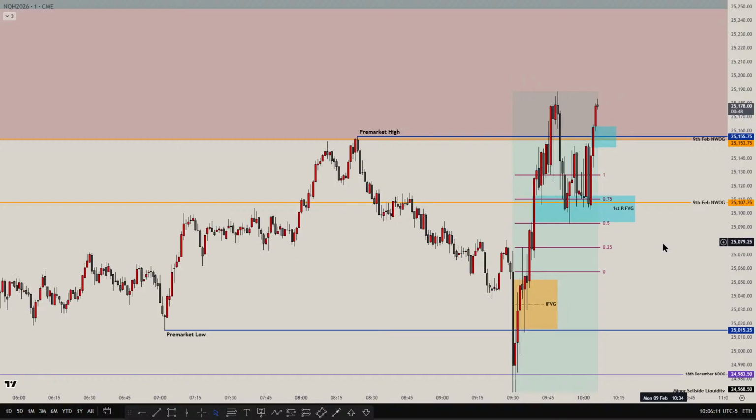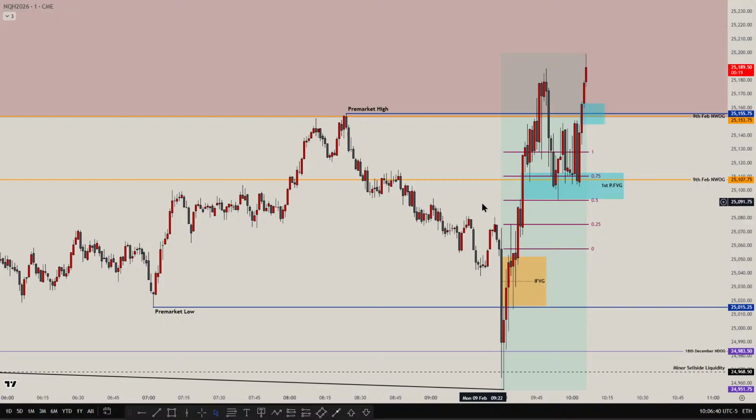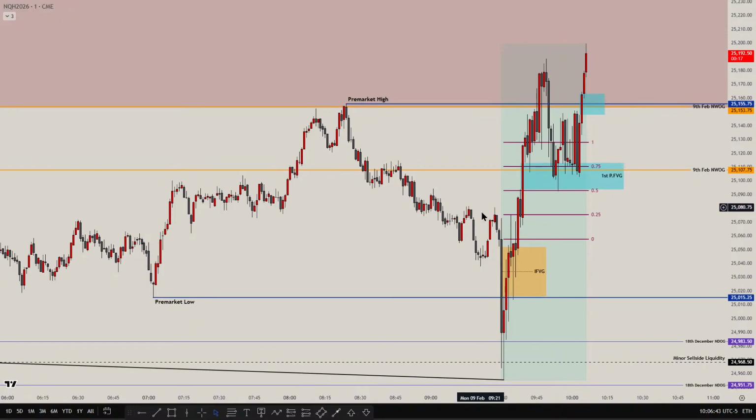Could have been a break up to the pre-market high, could have been a trade. 9:24 to 9:27. Do you mean 9:57? 9:24 to 9:27.